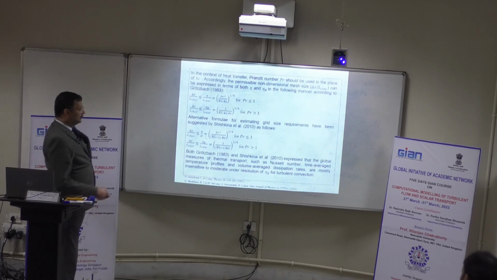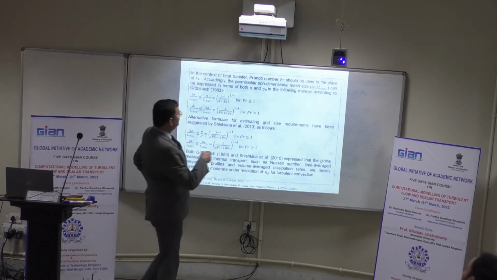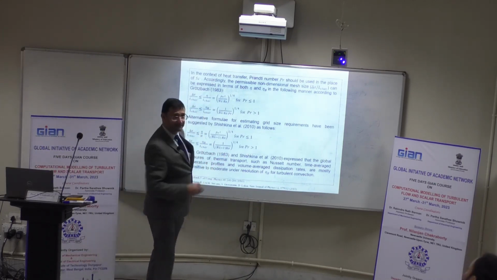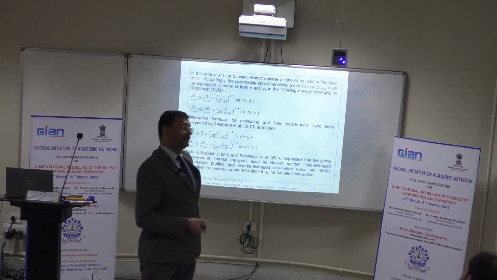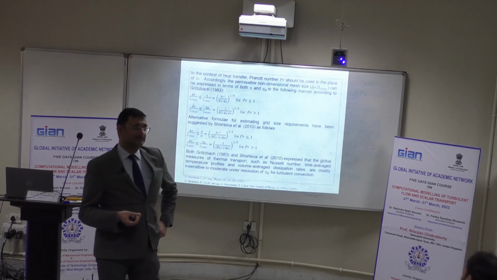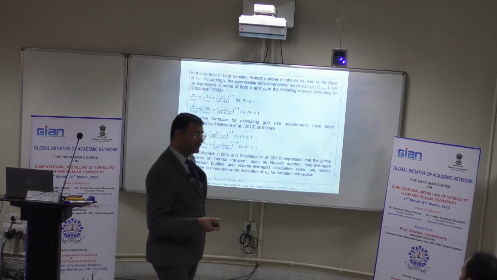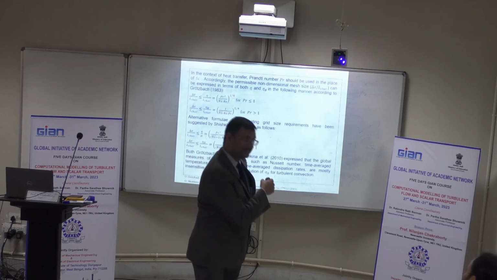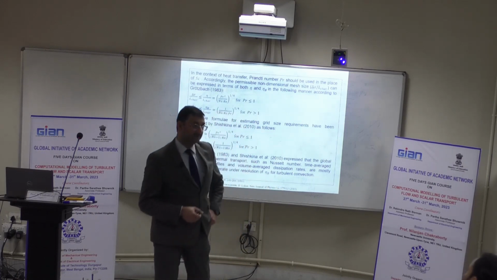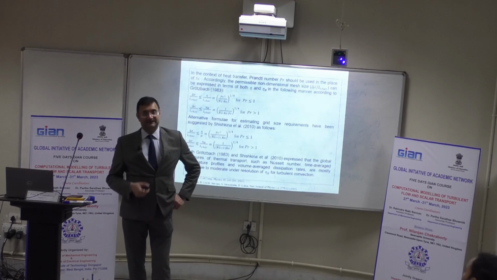So you can clearly see, this is only for natural convection, by the way, because people looked at high Prandtl number natural convection in DNS context, and that's where these were proposed. This is a very, very dynamic field.